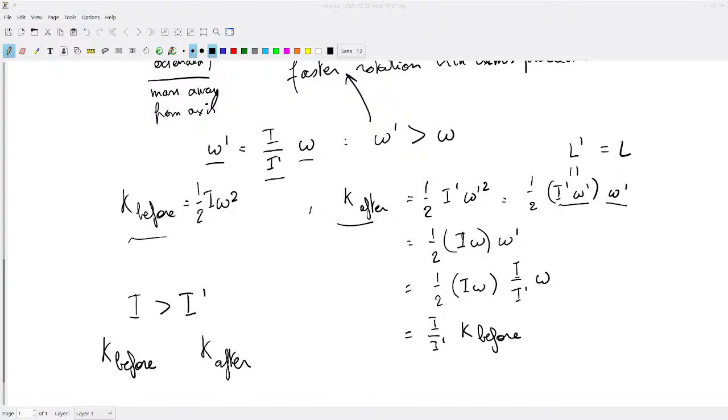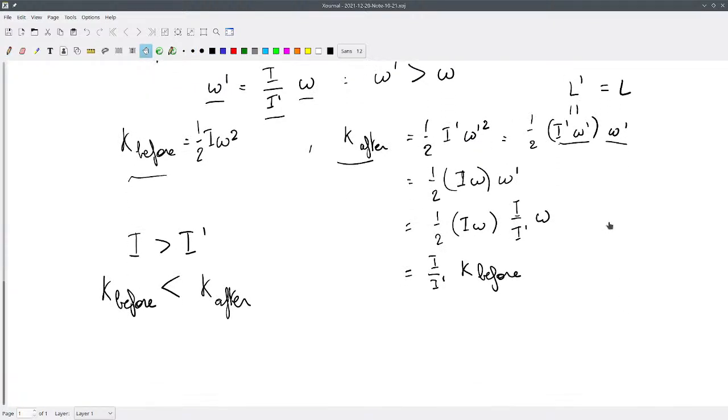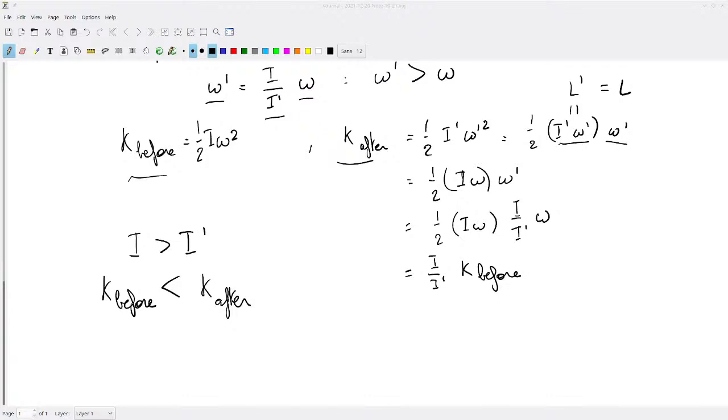So the kinetic energy after pulling in your arms is going to be greater. Again, there's a similarity here with the problems in linear momentum. In linear momentum, we had a couple of things that were always true, and then some things that were sometimes true.